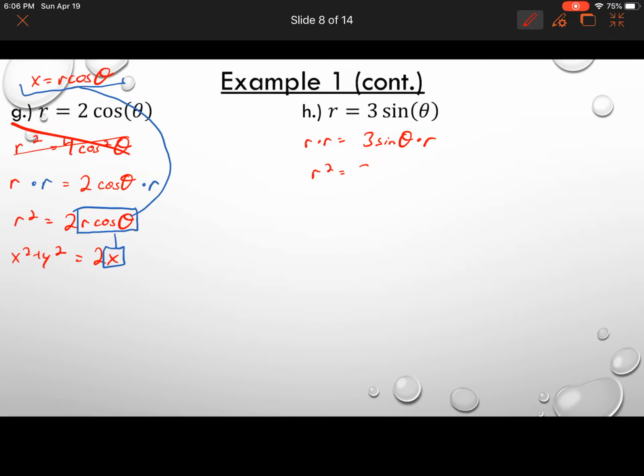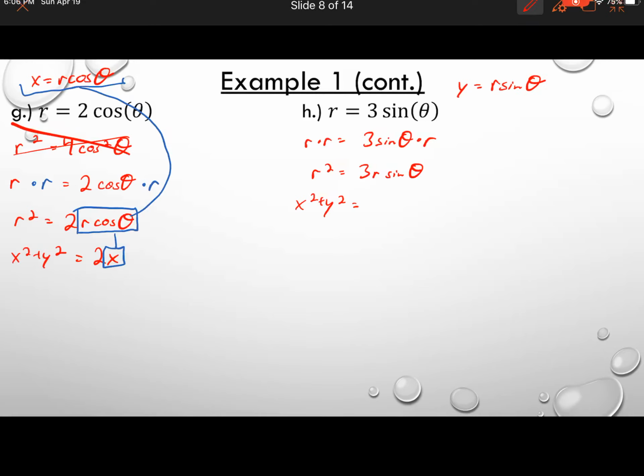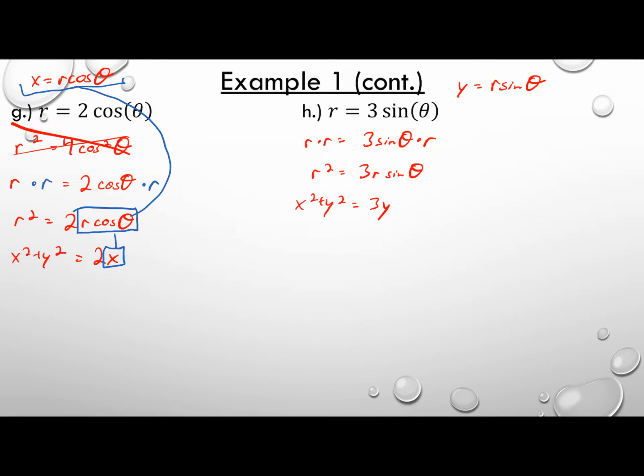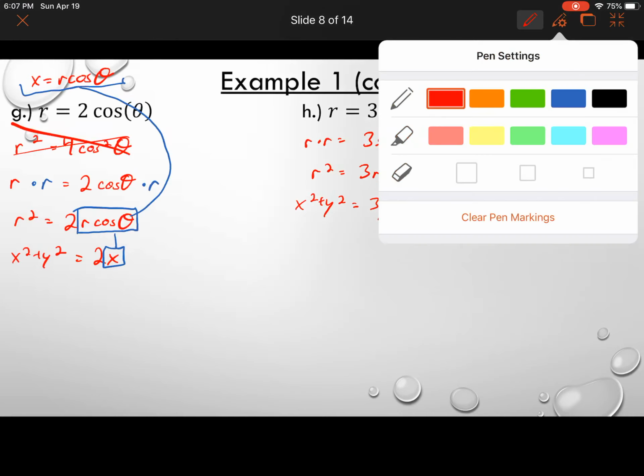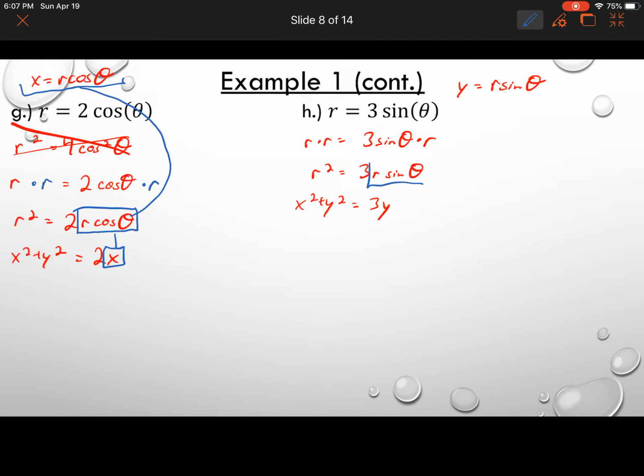So r squared is equal to 3r times sine of theta. r squared is equal to x squared plus y squared. r sine theta, we also have a formula for that. y is equal to r sine theta. So r sine theta is just going to become y, because they are equal to each other, so we can just substitute one for the other.